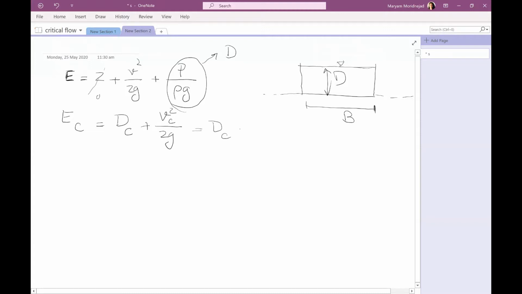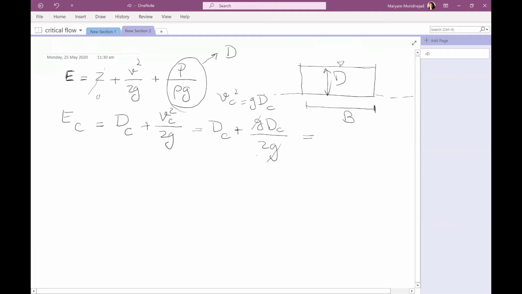From the previous section, we found that VC squared equals G DC. This is what we derived from the Froude number. So we can simply put this instead of VC squared. We will put G DC divided by 2G. If we cancel the G's, we will have DC plus DC divided by 2.